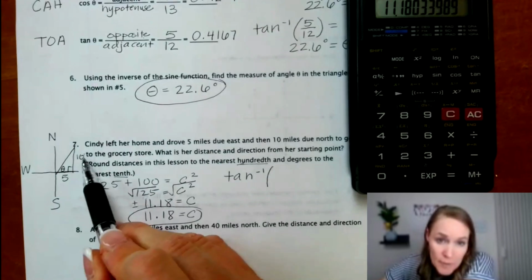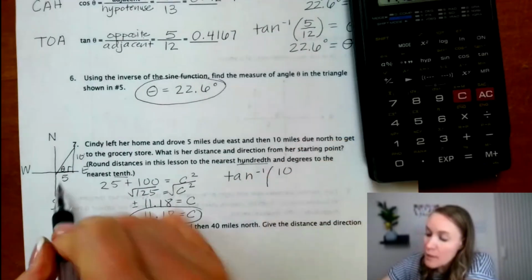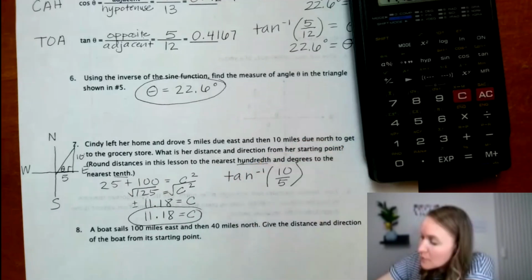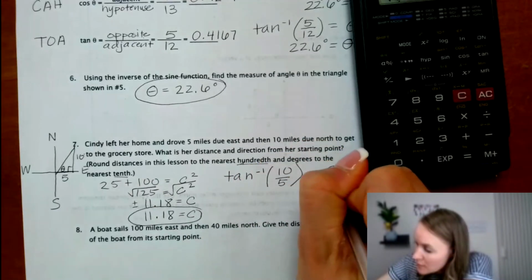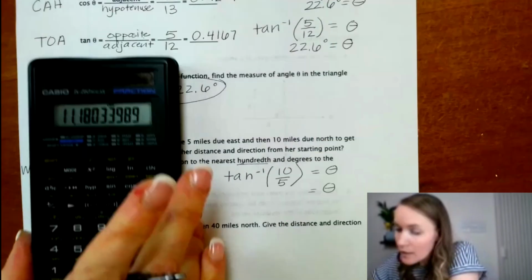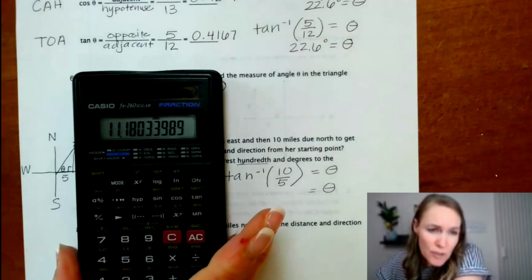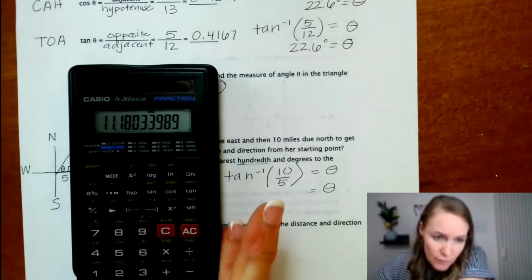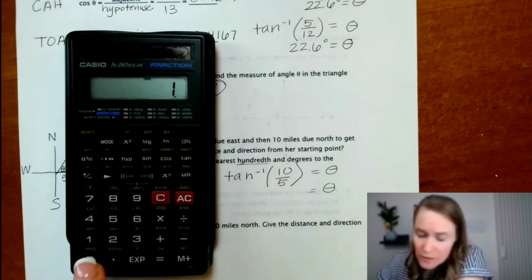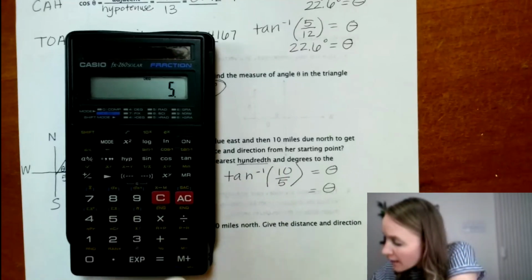So I'm going to do the opposite divided by the adjacent equals theta. So theta equals, okay, and I'm just going to do 10 over 5. So clear. 10 divided by 5.